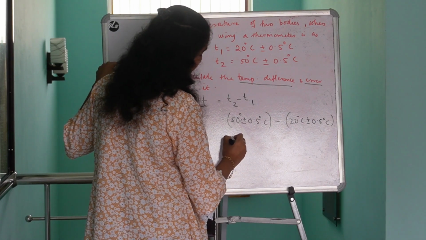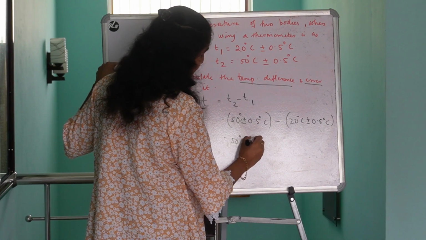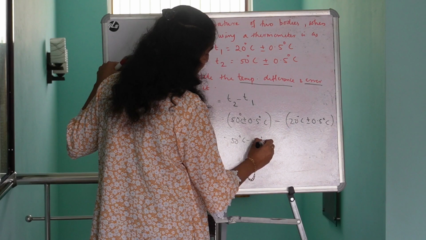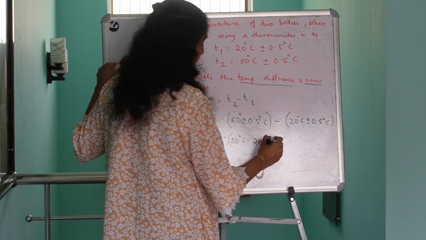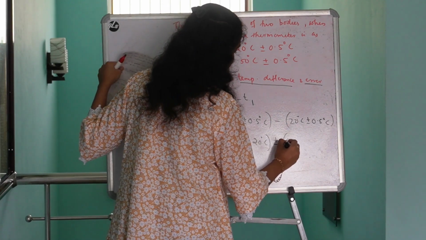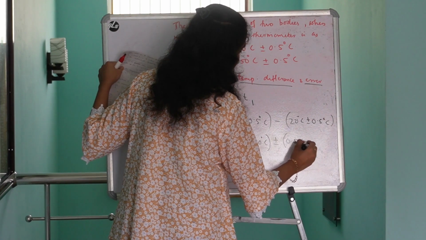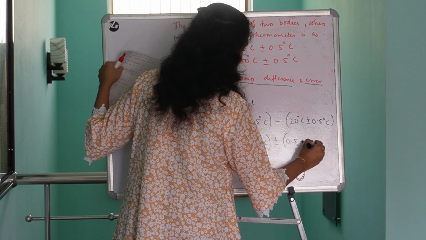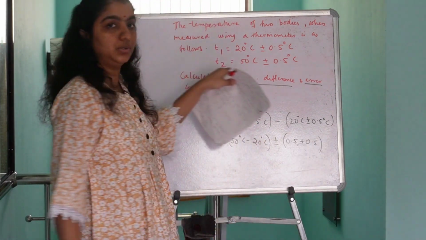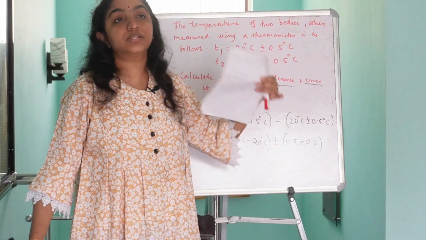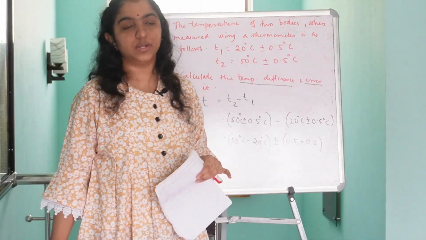The temperature difference is nothing but the difference between the actual values, and the error is nothing but the sum of the absolute errors, or the sum of the positive error values in the individual measurements.